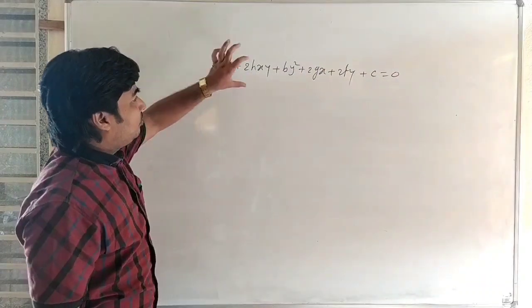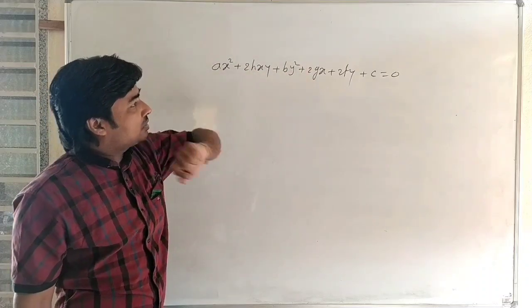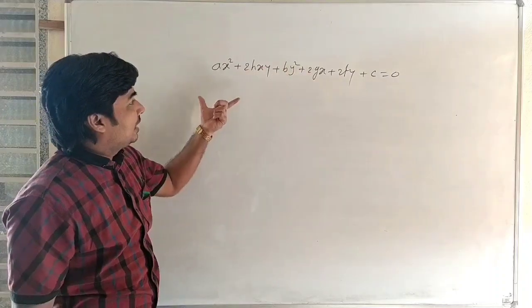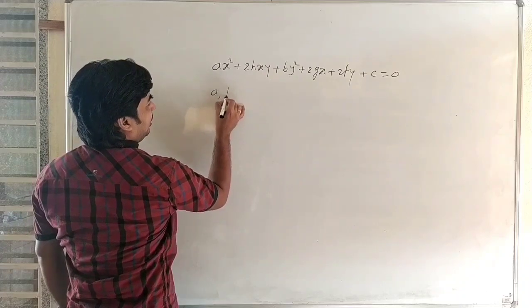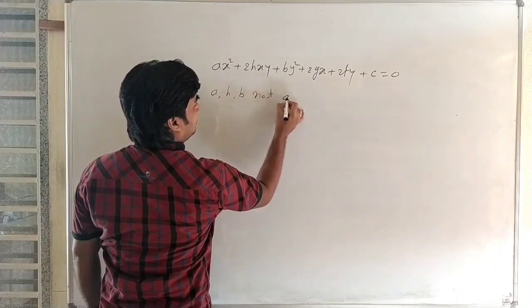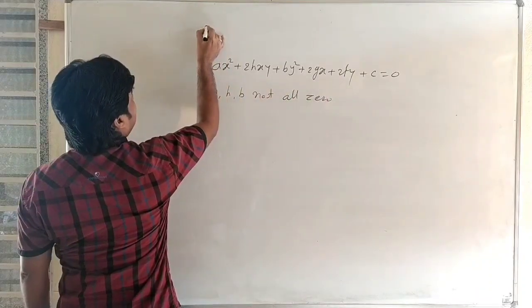An equation in the form ax square plus 2hxy plus by square plus 2gx plus 2fy plus c equal to 0 is called the general second degree equation, where a, h and b are not all 0 simultaneously. Then it is called the general second degree equation.